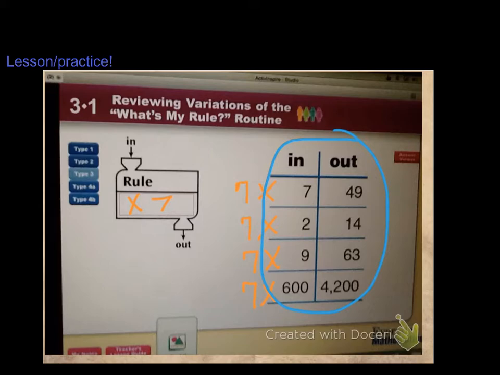But I could have also gone the other route, and the opposite of multiplication is division. So I could have divided by 7 on the outside, and then I still would have had the same answer. So we could double check it that way.